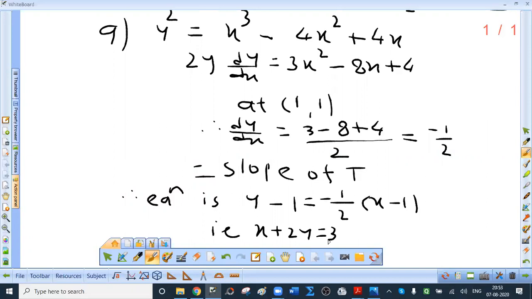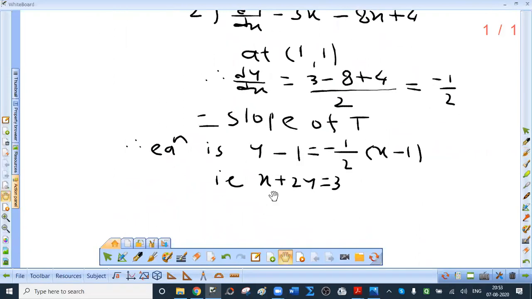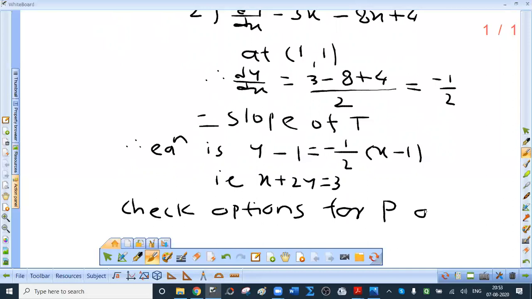Now check options. Check options for P on both tangent and curve.